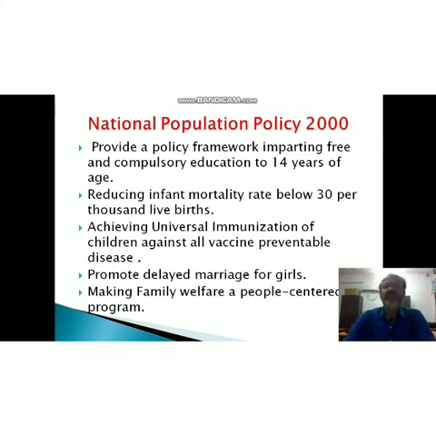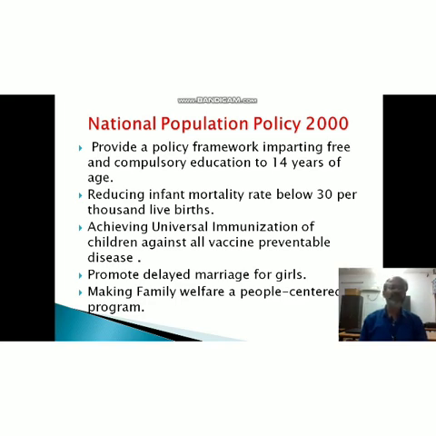National Population Policy 2000. What is the National Population Policy? This policy provides a policy framework, imparting free and compulsory education up to 14 years of age. That means up to 14 years there should be free and compulsory education.